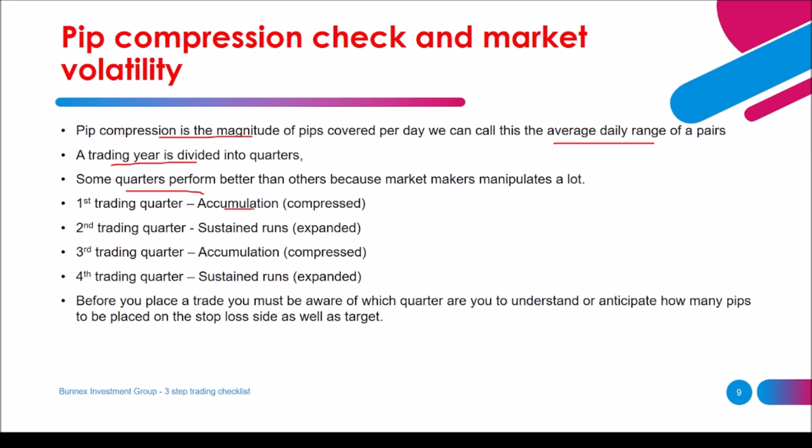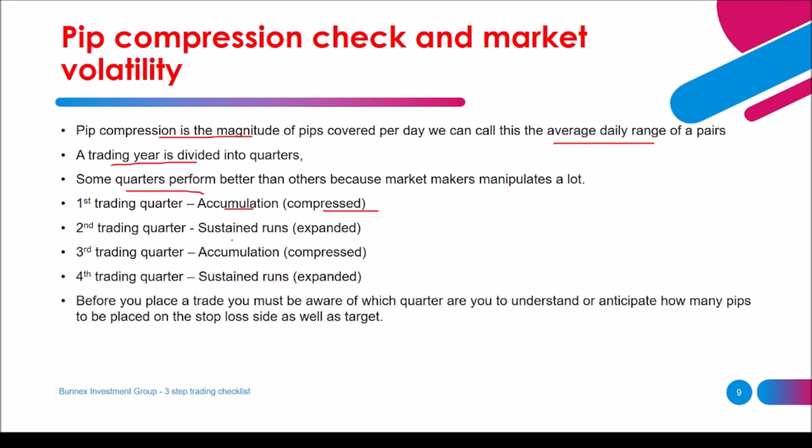It's used for accumulation, right? Usually the ADR of most pairs within the first quarter is actually compressed. By compressed, you'd see that probably CAD against CHF will be moving 25 pips at most or 30 pips at most per day, right?